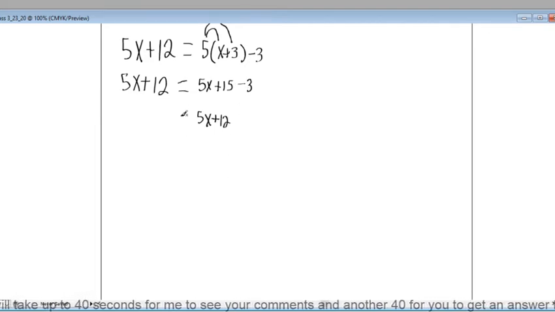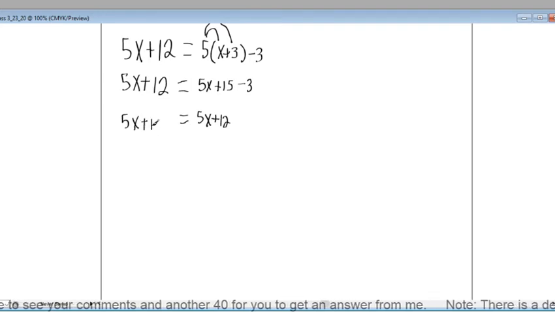Well, that's interesting, because our other expression was already 5x plus 12. So now what we have, since we've simplified down to this point, is 5x plus 12 equals 5x plus 12.